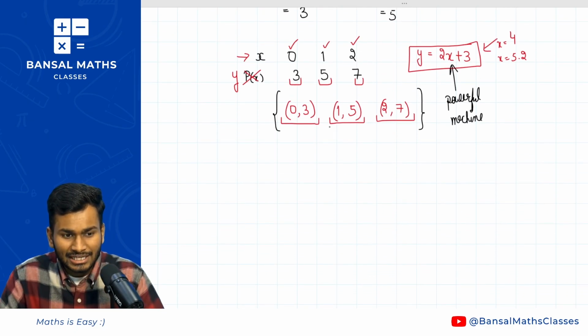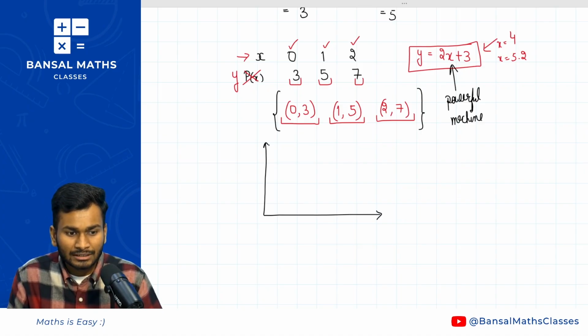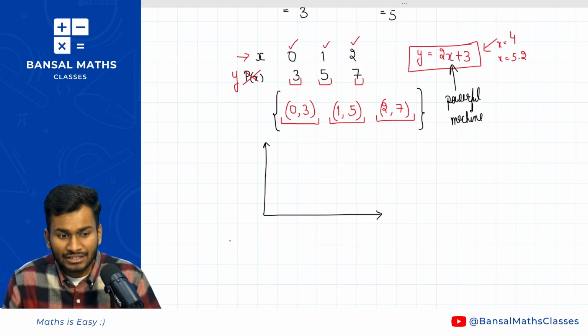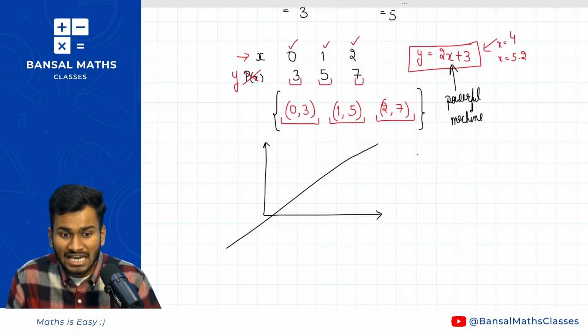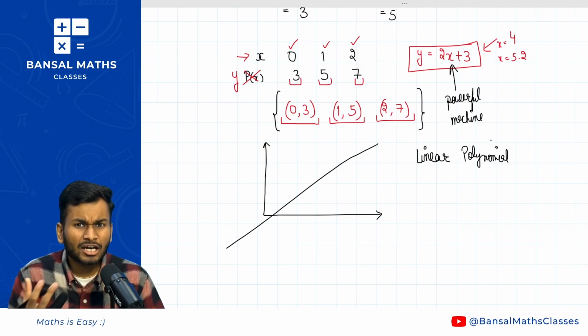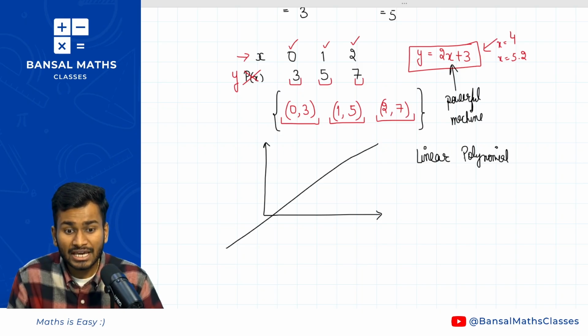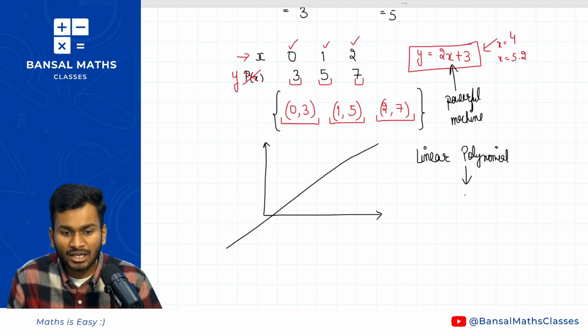If you plot these coordinates on the Cartesian plane, I've just drawn the first quadrant, this will result in a straight line. Why? Because we started with a linear polynomial. I've rewritten that linear polynomial in terms of a linear equation. Conversion is not quite the correct word, I would say. And linear itself has the word line in it.